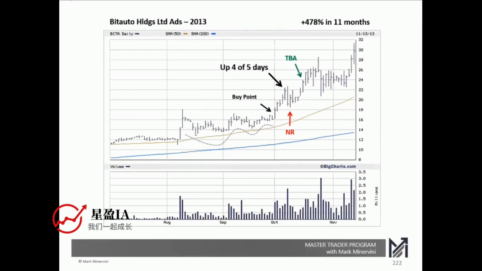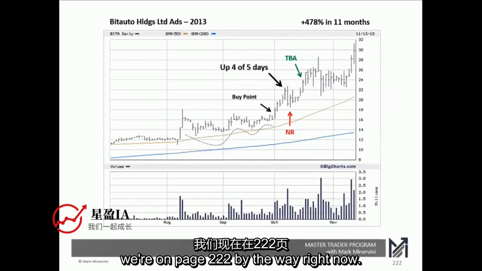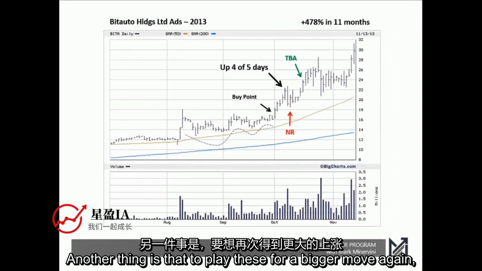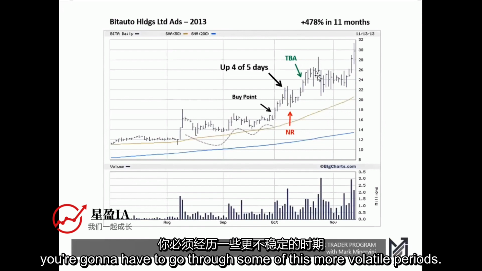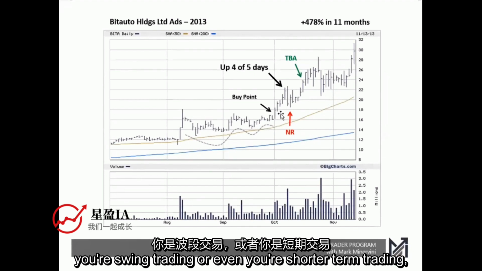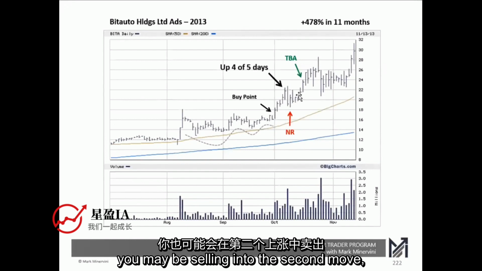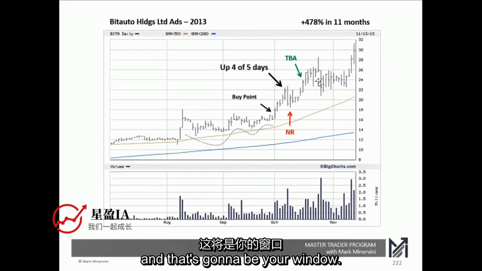Now, okay, another thing I want to point out. We're on page 222, by the way, right now. Another thing is that to play these for a bigger move, again, you're going to have to go through some of this more volatile periods. But again, if you're short-term trading, you're swing trading, or even you're shorter-term trading, you may be selling into this first move, or you may be selling into the second move, and that's going to be your window.